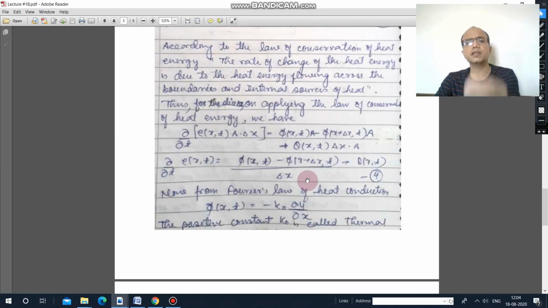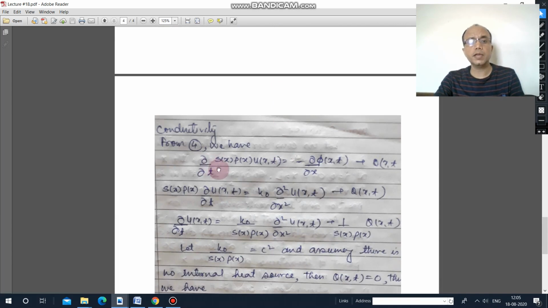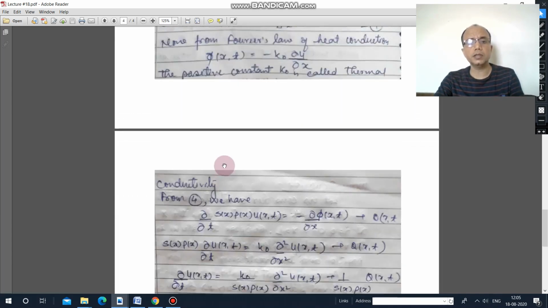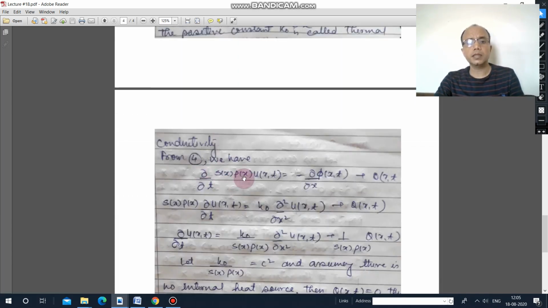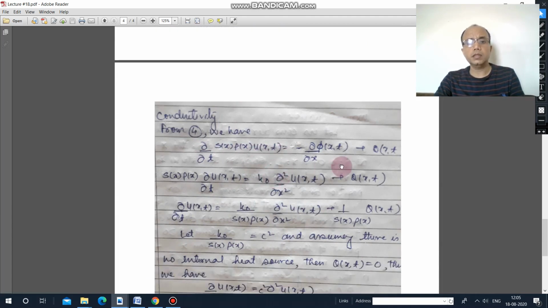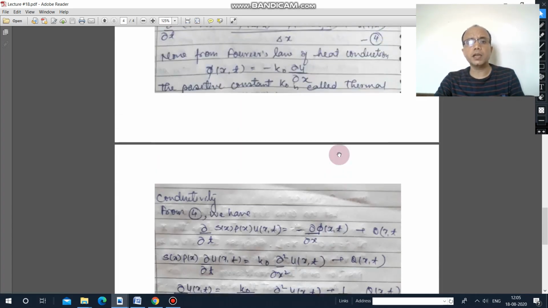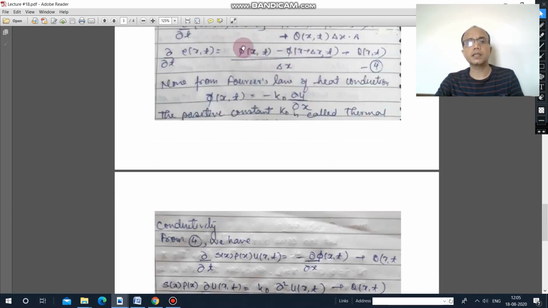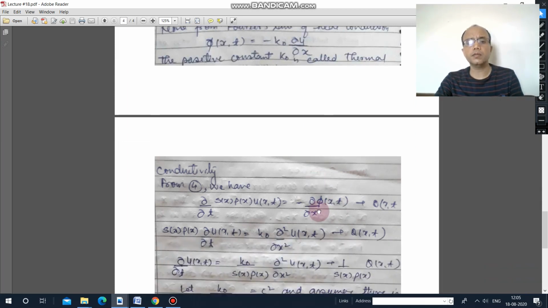And if delta x tends to 0, a very small distance, we can take the limit as delta x tends to 0. So this will become the derivative of phi(x,t) with respect to x. So the left hand side is del by del t of s(x) rho(x) u(x,t), and the right side is the derivative of phi(x,t) plus Q(x,t).